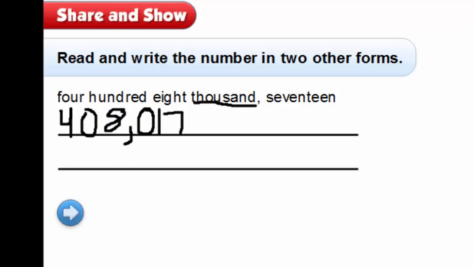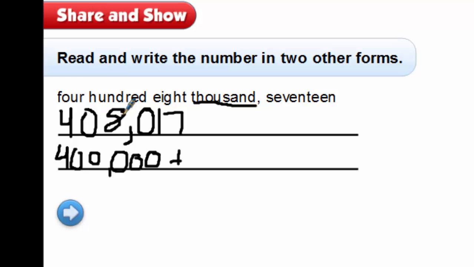Good job. Okay, so we wrote this number in standard form. How can we write it in, say, expanded form? Help me out. What's the value of the 4? Okay, 400,000. That's a big number to write, isn't it? 400,000 plus, because we add all these values. Do I have to do the plus 0? Nah.